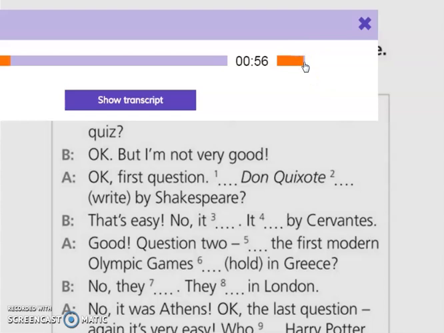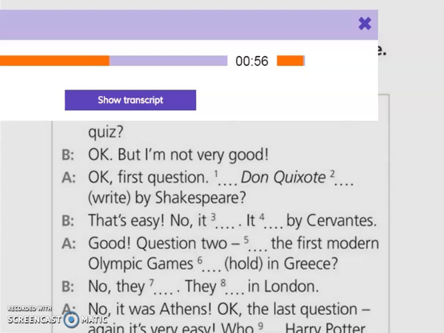Listen and check. Hey, shall we do this general knowledge quiz? Okay, but I'm not very good. Okay. First question. Was Don Quixote written by Shakespeare? That's easy. No, it wasn't. It was written by Cervantes. Good.